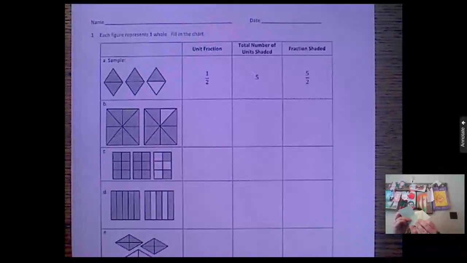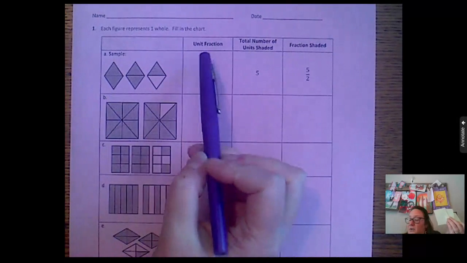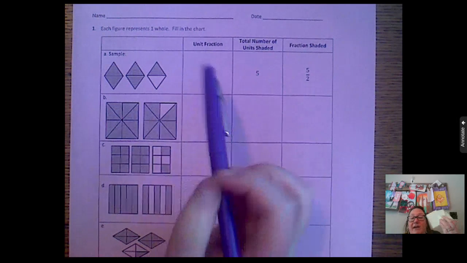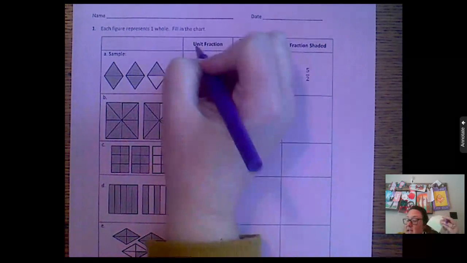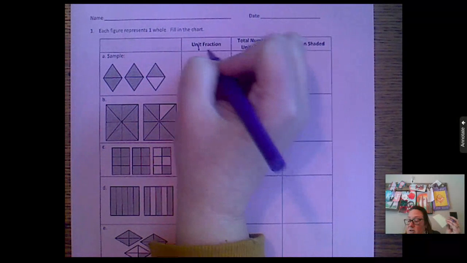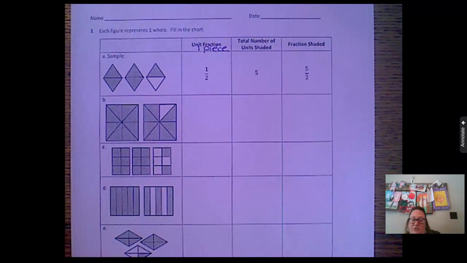But if I look, each whole in my picture is cut into halves. So that's where we get the unit fraction of 1/2, because remember, when we say unit fraction, it means one piece. When we deal with a unit fraction, we're saying what would we call one piece of the picture, of the model.